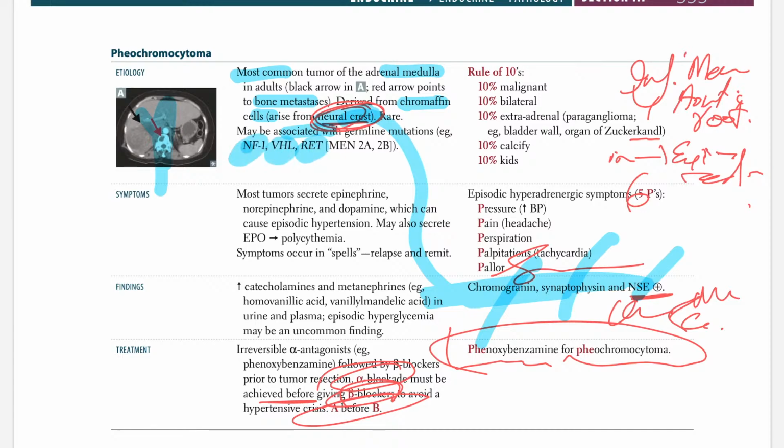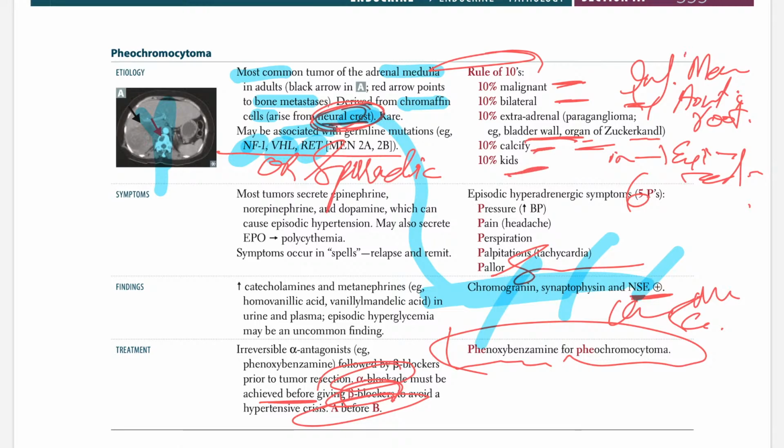Actually, all of these 3 are high yield. Okay, it could be associated with all of them, or it could just arise sporadically. Okay. Rule of 10: 10% malignant, 10% bilateral, 10% in the paraganglion, bladder, or organ of Zuckerkandl, 10% calcified, 10% in children.